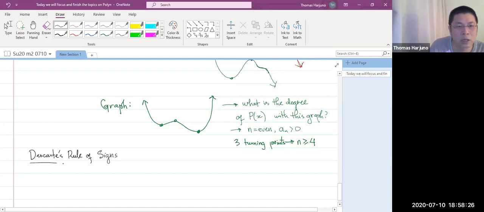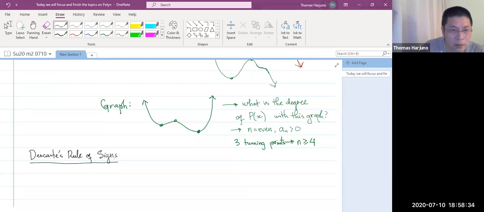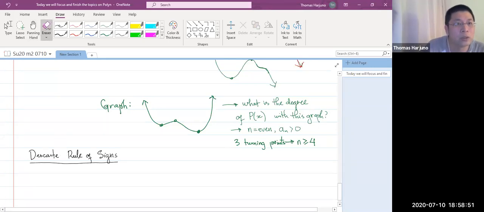As I know, the Descartes rule of signs bears the name of Descartes, because the one who invented it is René Descartes. Is the S part of his name or not? Oh yeah, it is part of his name. So the Descartes rule of signs.